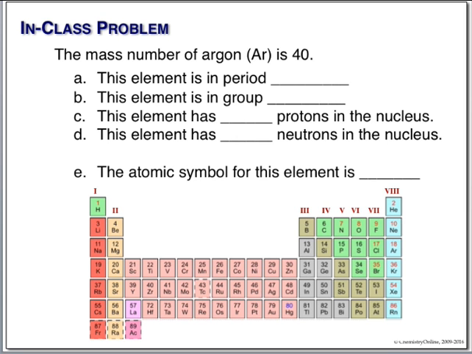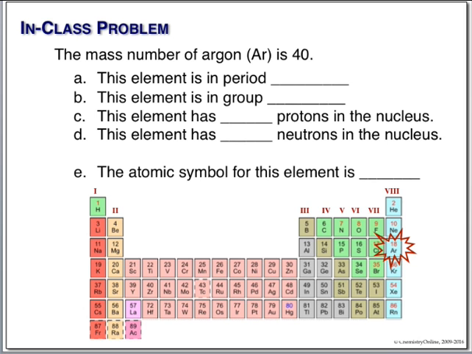All right, first thing you have to do is find argon. Oh, there it is. All right, what's the little number there above argon? It's 18. And that's its atomic number, right over there, 18. So the top number is the atomic number, the number of protons.